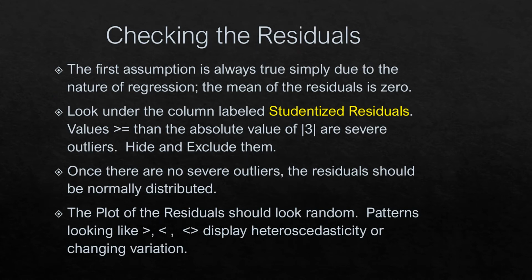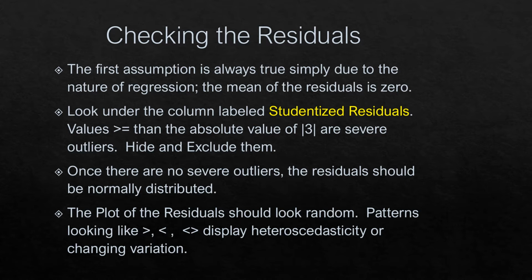Checking the residuals, the first assumption is always true, that the mean of the residuals will be 0. Then again, we look under the studentized residual column heading, and we look for values that are greater than the absolute value of 3. Those are considered severe outliers, and we must hide and exclude them.